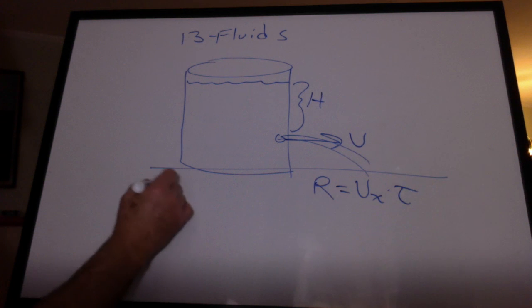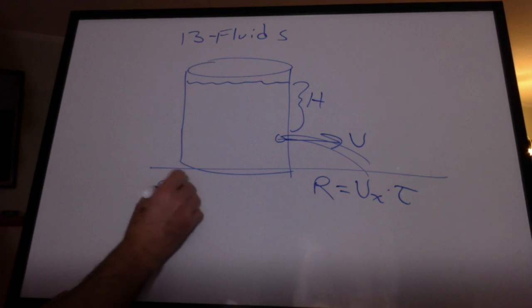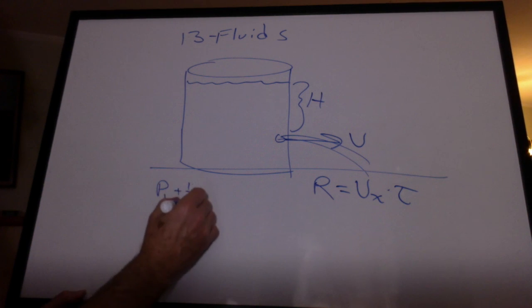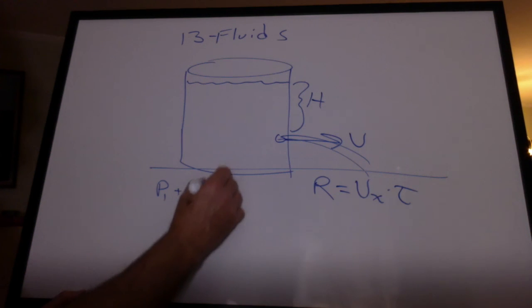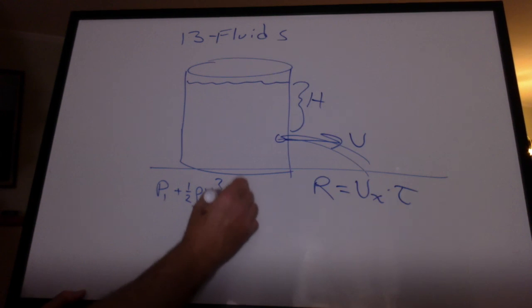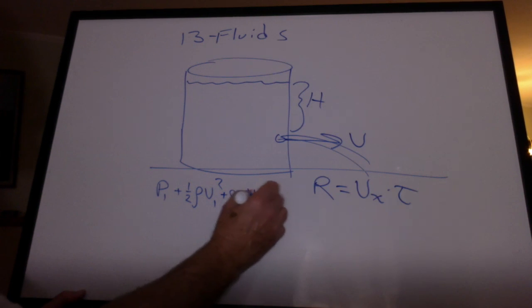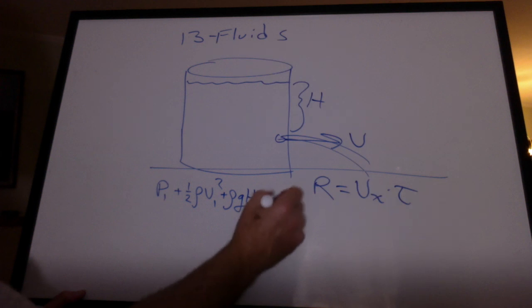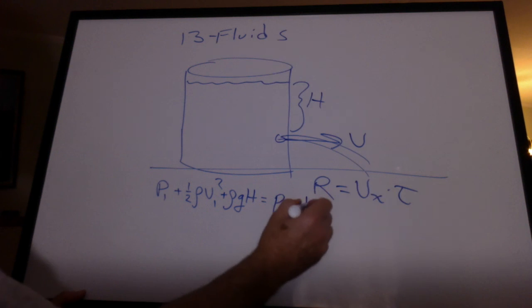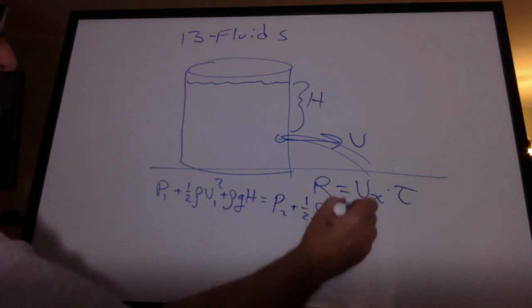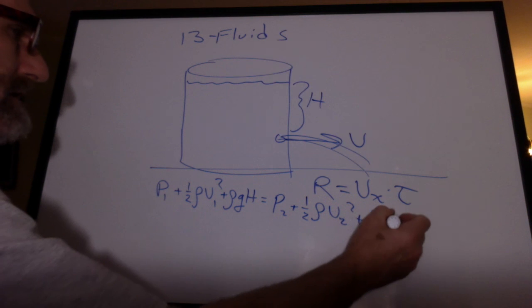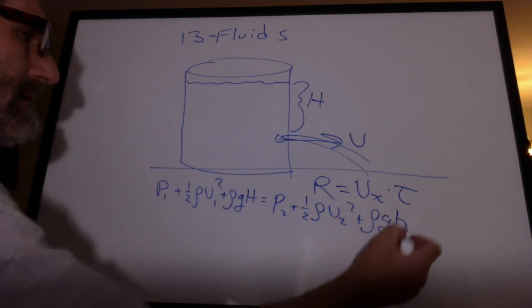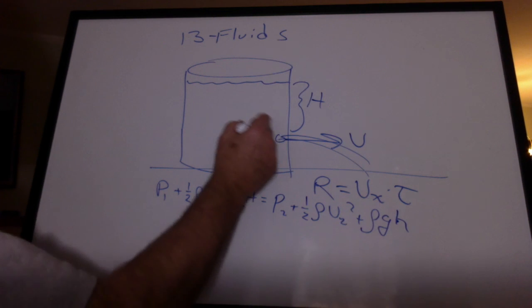Hey, Bernoulli's law. Pressure 1 plus 1/2 rho V squared plus rho GH equals pressure 2 plus 1/2 rho V2 squared plus rho GH again. But this H I'm going to call 0 height.